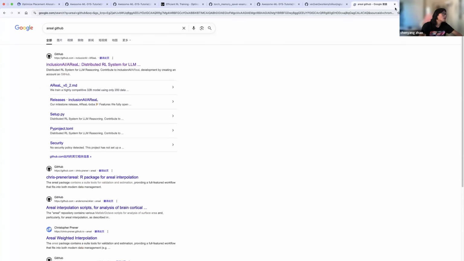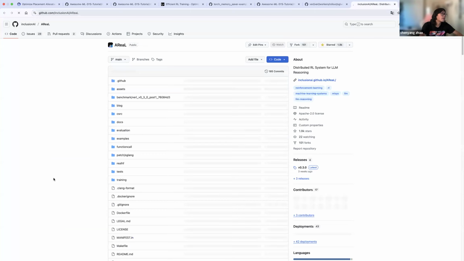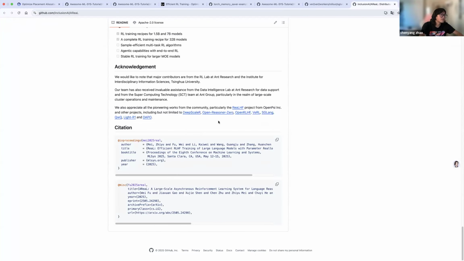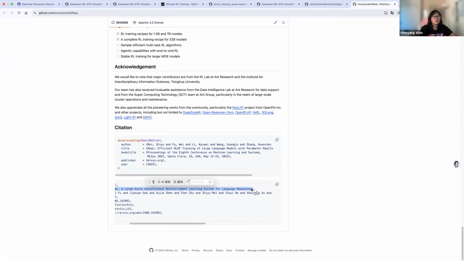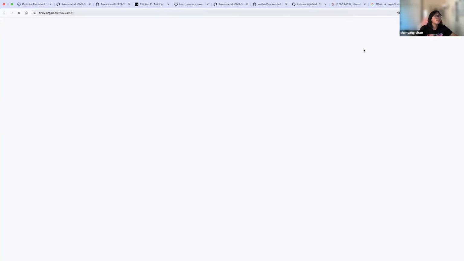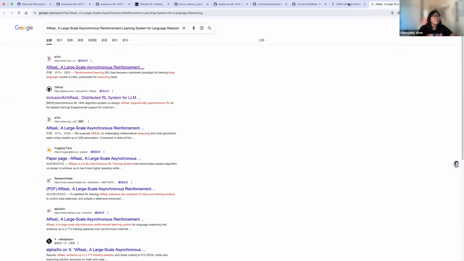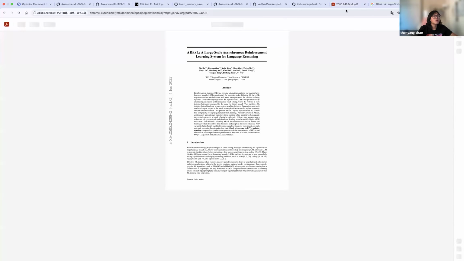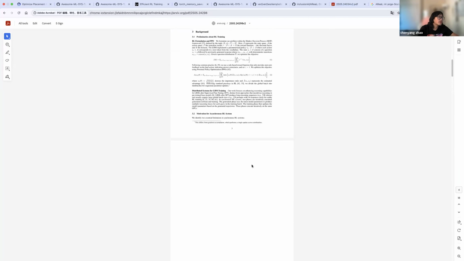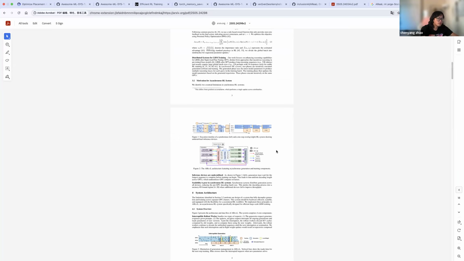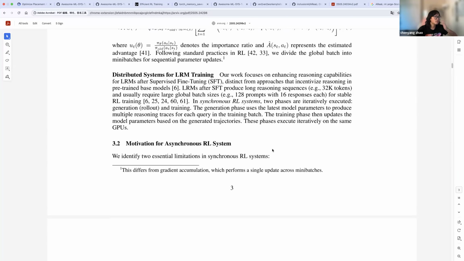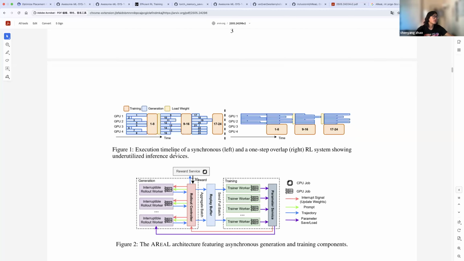And the Areal paper, where Areal stands for a longer time, I think is much better than Llama RL in my understanding. So let's take the picture from their paper. This is the illustration from the Areal paper.